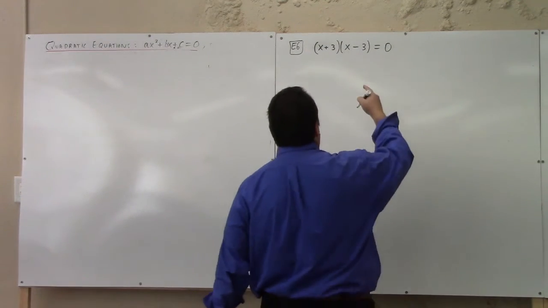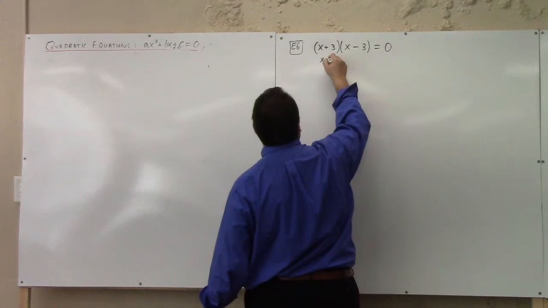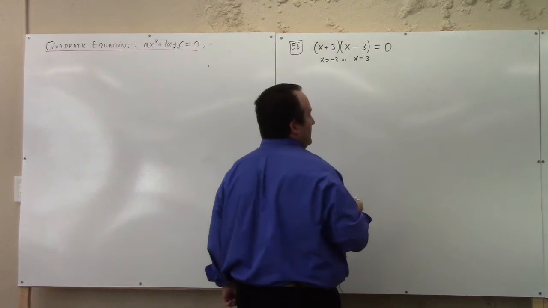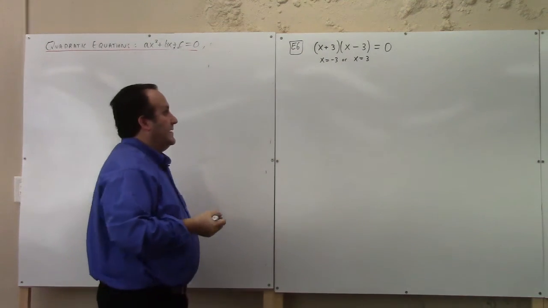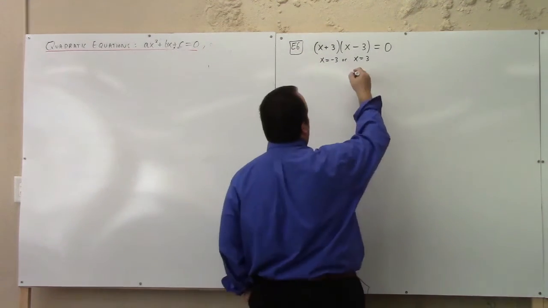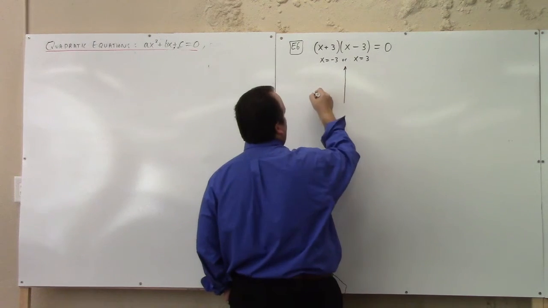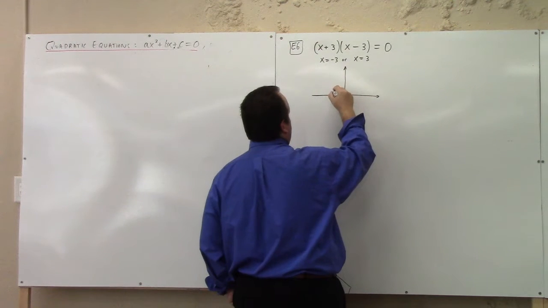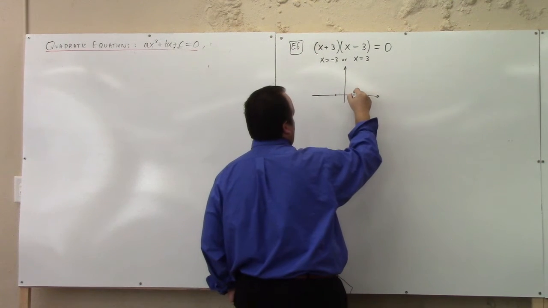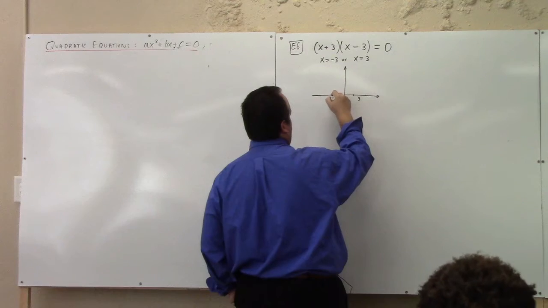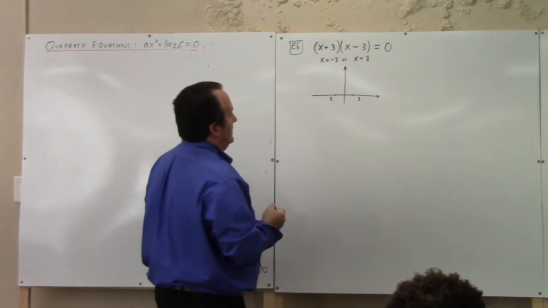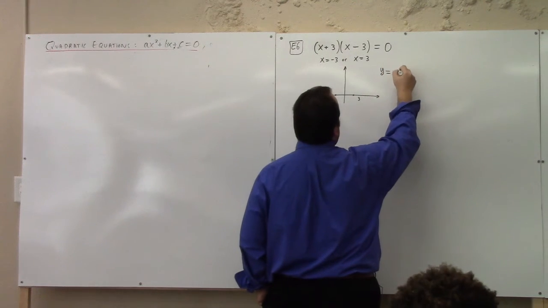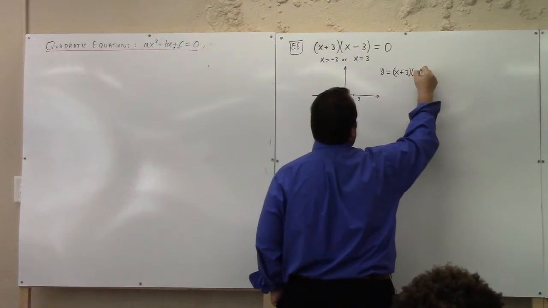But so here, we either have solutions x equals minus 3 or x equals 3, right? And so we can graph. And so we get minus 3 and 3, roughly speaking. And so I'm graphing y equals x plus 3 times x minus 3.